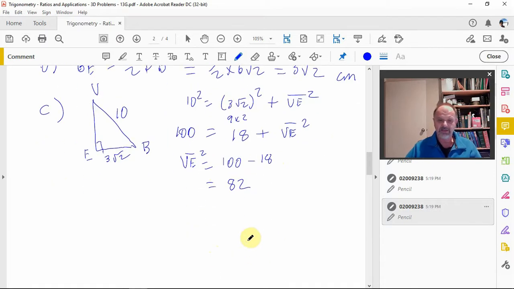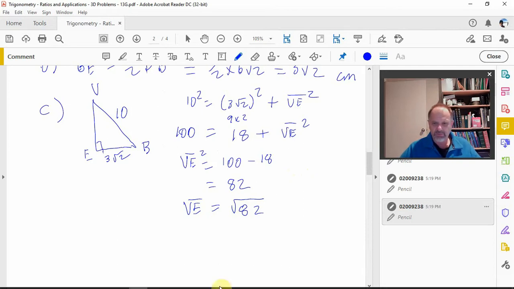And so V to E would then be the square root of 82, and I don't believe that can be simplified, so I won't try to. Of course, don't forget your units there, centimetres.